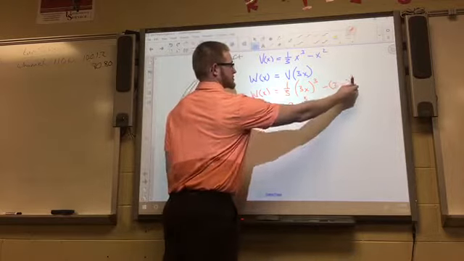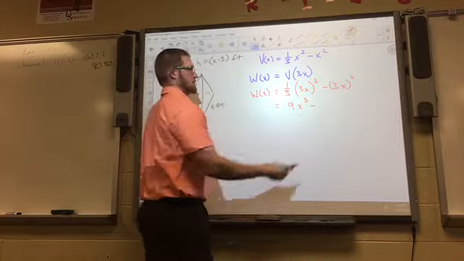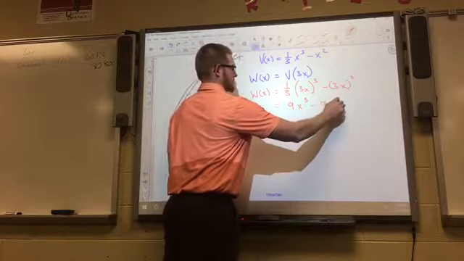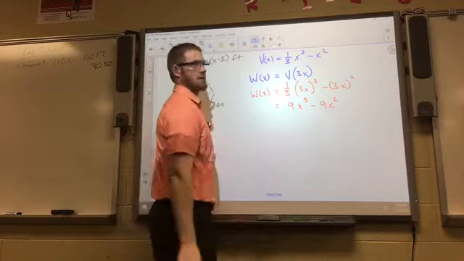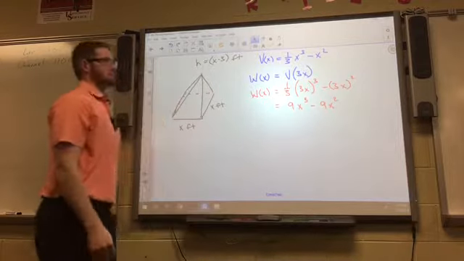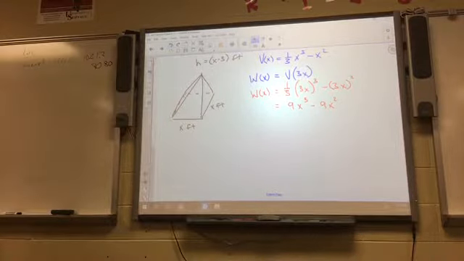Minus (3x) squared is 9x squared, because it's 3x times 3x. Okay? So all we found there is a new equation that would allow us to find the cubic feet if they gave us x in yards. Okay?